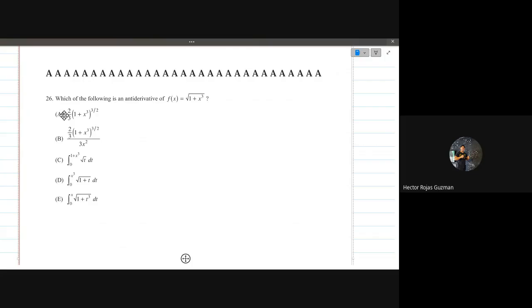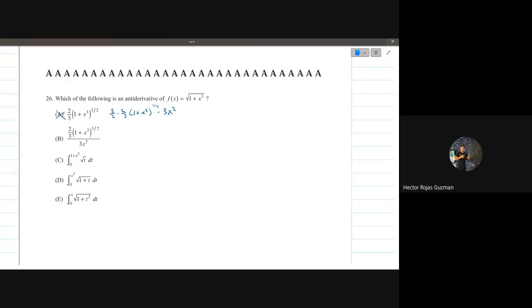I can tell you it's not A, because if you think about taking a derivative, we would have to do a chain rule, right? The derivative would be 3/2 times 2/3, and then times the derivative of the inside, which is 3x squared. We get a 3x squared that is nowhere near f of x, so it's not A. It could be B.